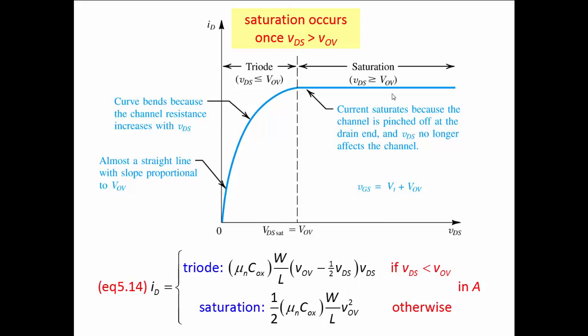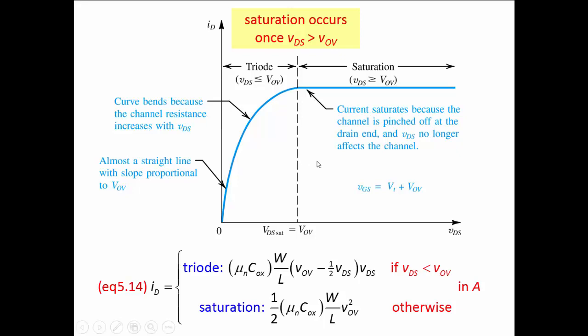One is the triode region. That's where we've spent almost all of our time. The triode region is where the channel is continuous from the source to the drain, albeit the channel is not of a consistent depth between the source and the drain. It will narrow as you approach the drain, but it never actually pinches off to a 0 depth until you get to a VDS equal to VOV.